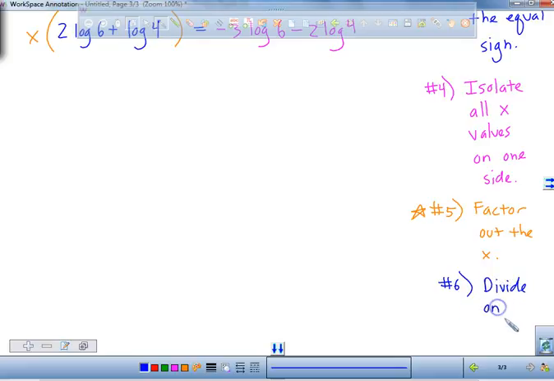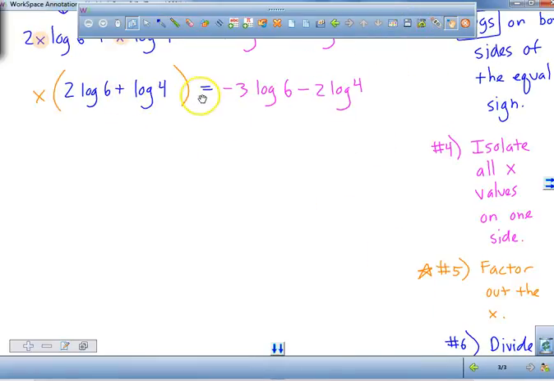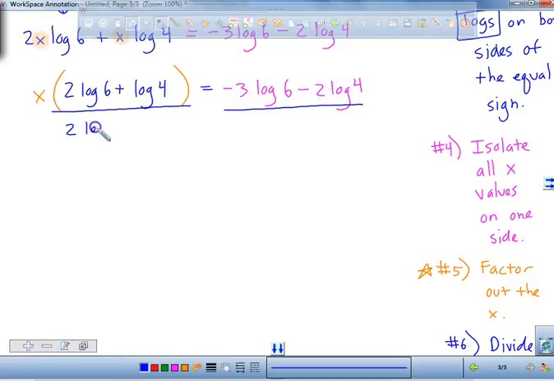Divide on both sides. Divide on both sides by what? Divide on both sides by this expression. So we're going to divide this side right here, and we're going to divide this side right here by 2 log of 6 plus log of 4.